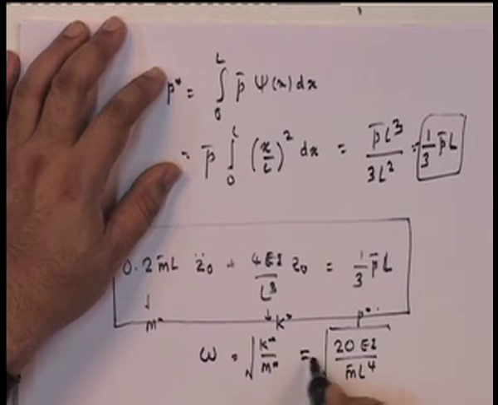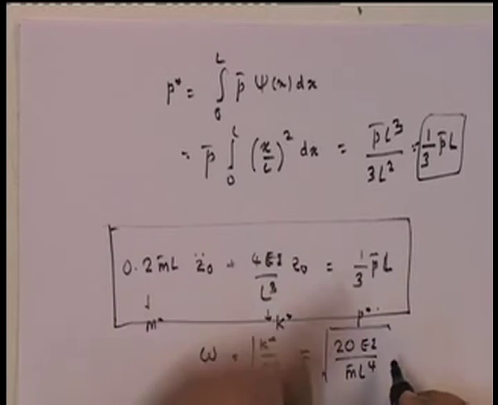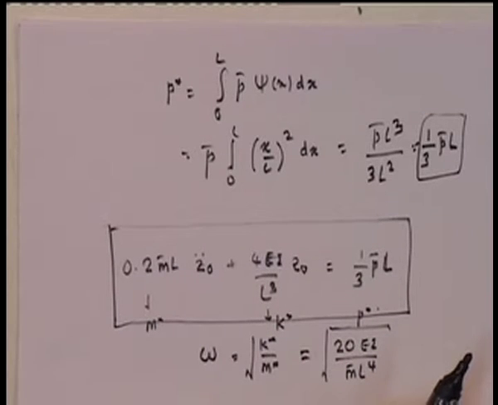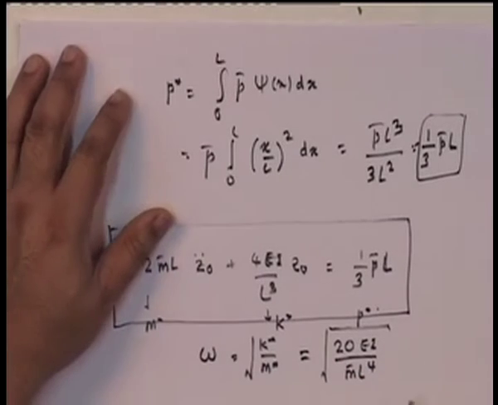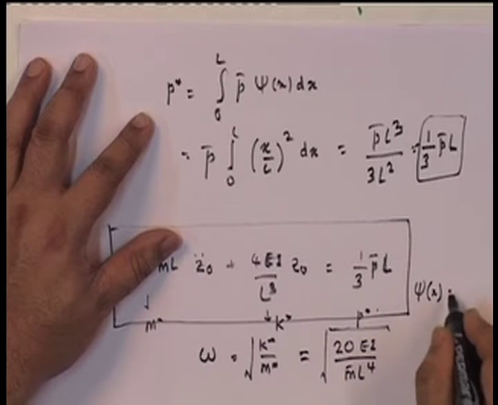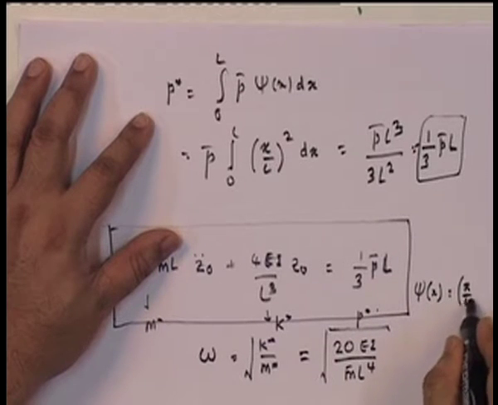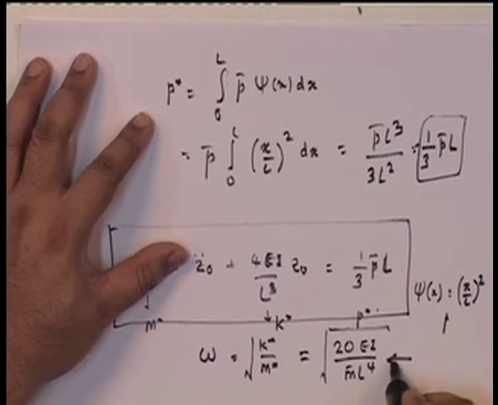Okay. So, now let us look at this, Newton meter squared, this is kg meter fourth. So, this basically becomes radians per second, square root. This basically becomes per second squared. So, if I use xi x equal to x by L squared, my omega turns out to be this.